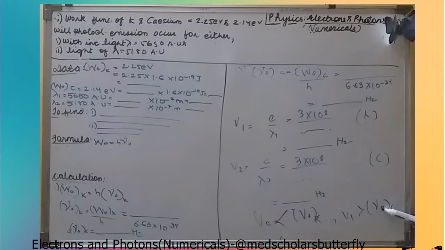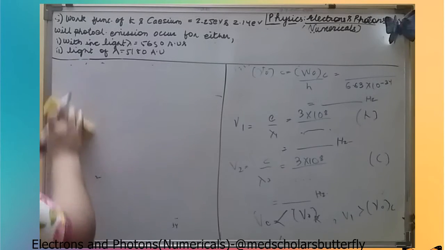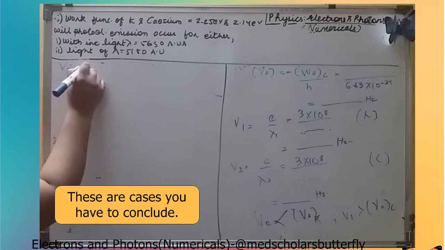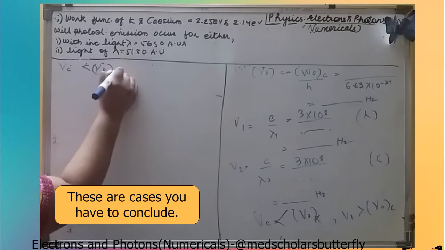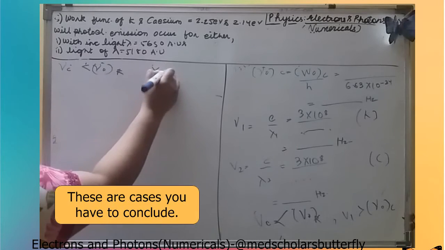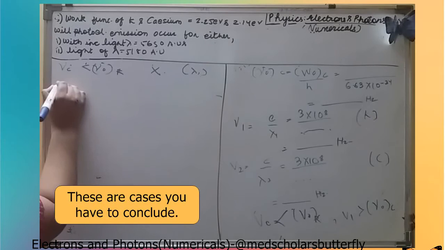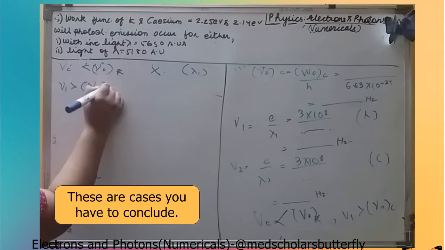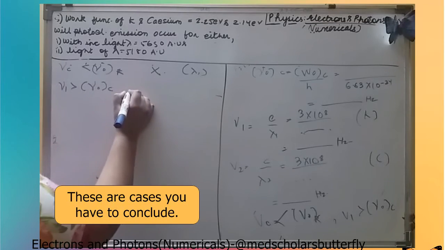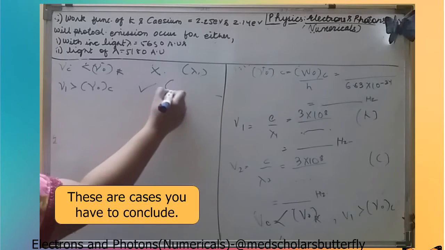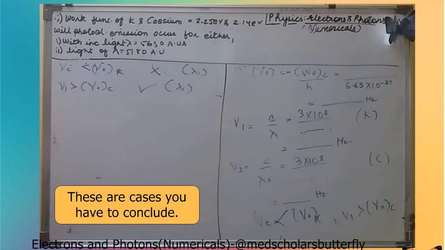That means photoelectric effect will occur in this wavelength. What are the cases you will get? First is nu 1 is lesser than nu 0 of potassium. That means no photoelectric emission for lambda 1 when incident on it. Then the second case is nu 1 is greater than nu 0 of cesium. That means photoelectric effect will occur when lambda 1 is incident on it.